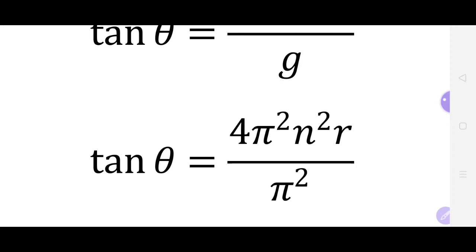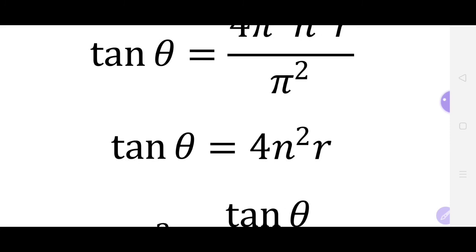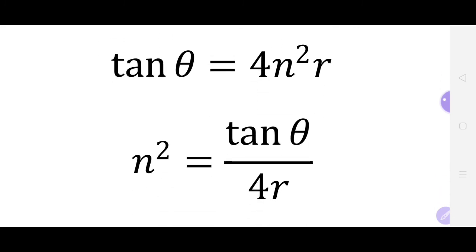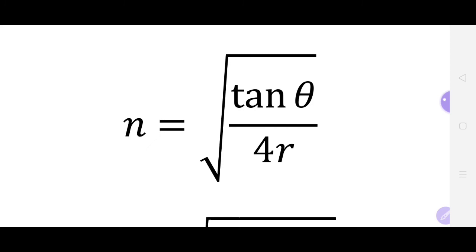So we have to take it as pi square. Now pi square gets cancelled. So we get tan theta is equal to 4 n square into r. Now n square is equal to, we are transferring 4r to the left side, it will become n square is equal to tan theta divided by 4r. Now putting the values, we get n is equal to square root of tan theta upon 4r.